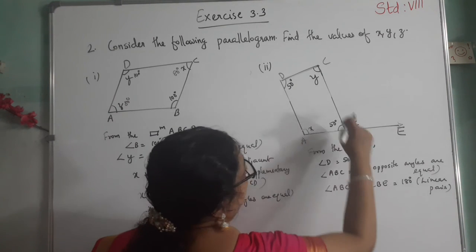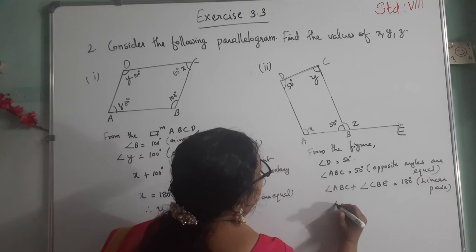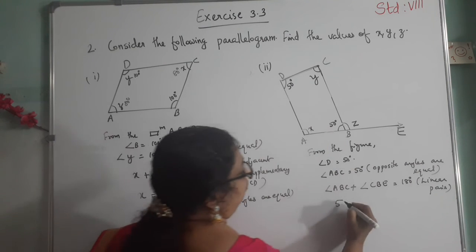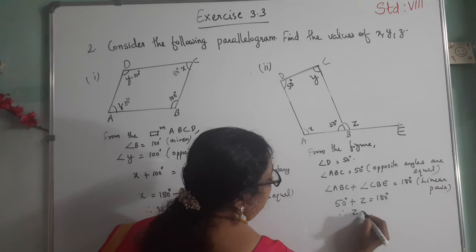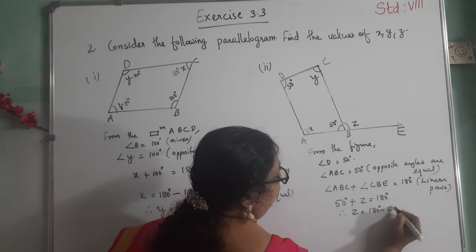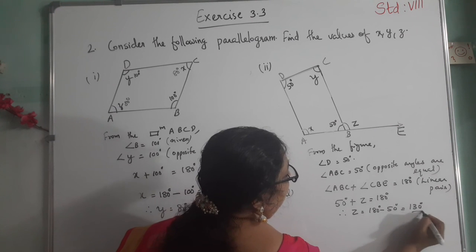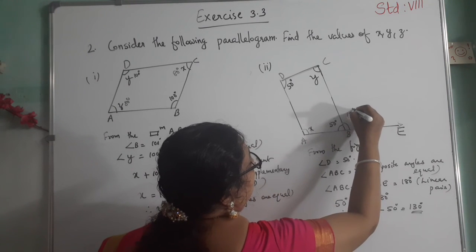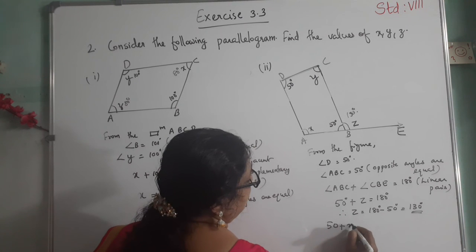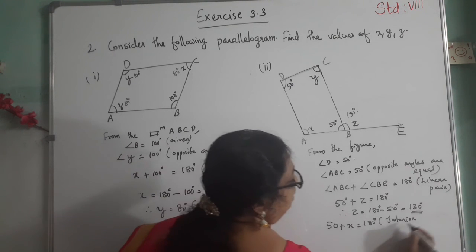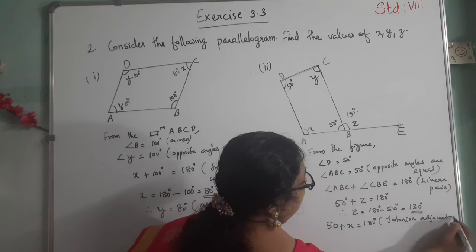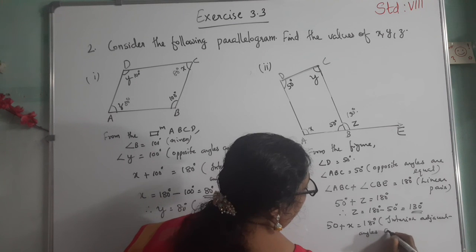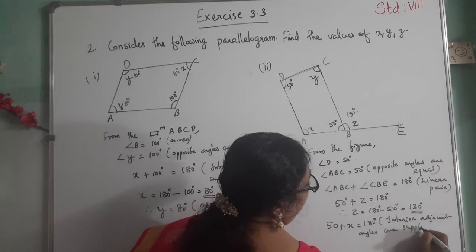Then angle CBE is z. So ABC is 50 degrees, 50 degrees plus z equals 180 degrees. Therefore z equals 180 minus 50, which is 130 degrees. Then 50 plus x equals 180 degrees, since interior adjacent angles are supplementary.